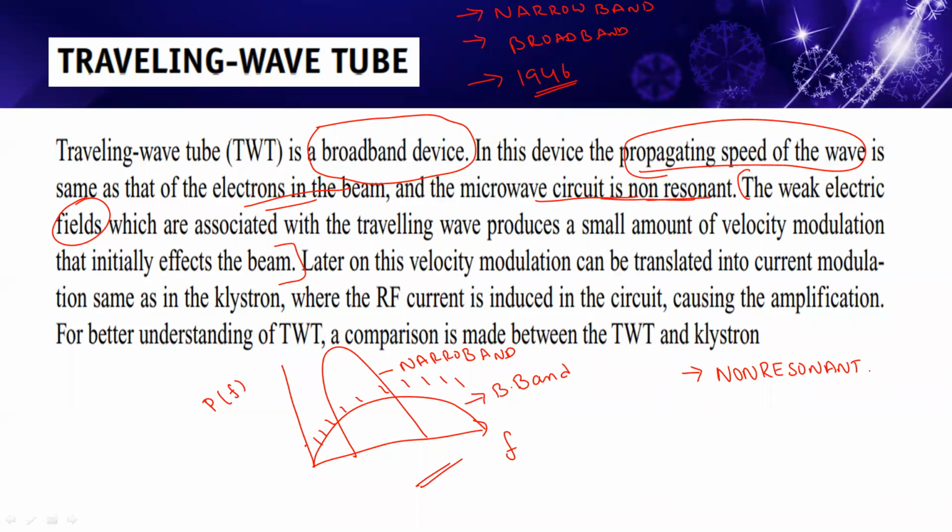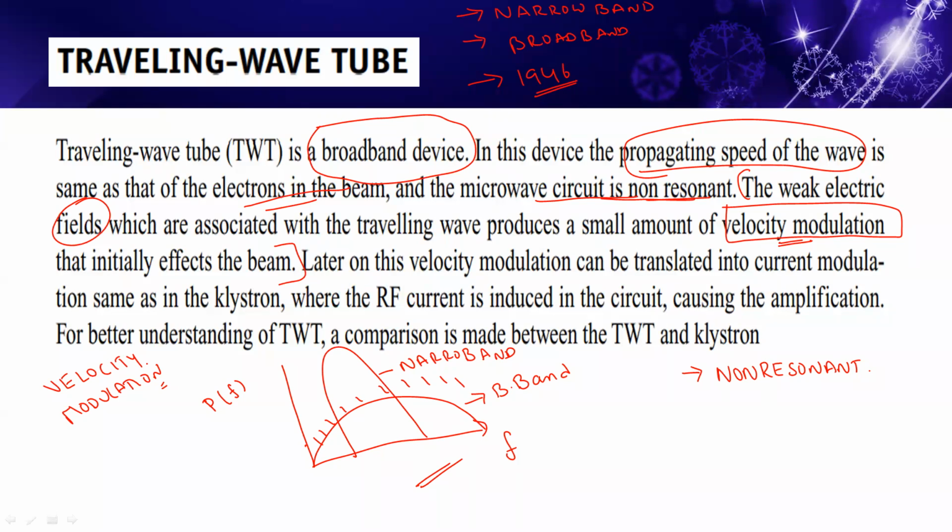Therefore, finally, the principle. So what is the principle here? We call it velocity modulation. So you have the velocity modulated wave. Clear, everybody? With this velocity modulation, after a certain time, it will be translated to current modulation, as in the klystron, where RF current is induced in the particular circuit and that causes the amplification process.